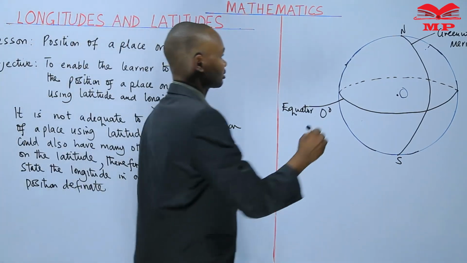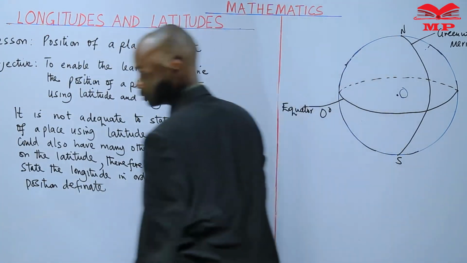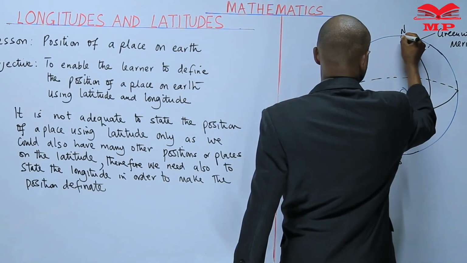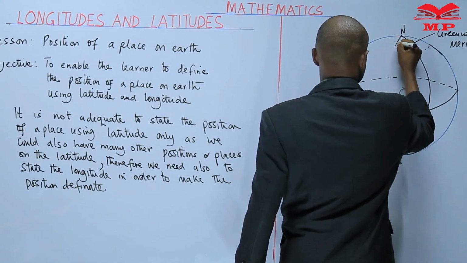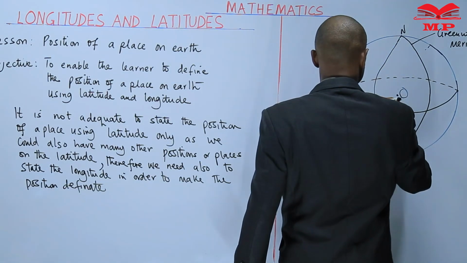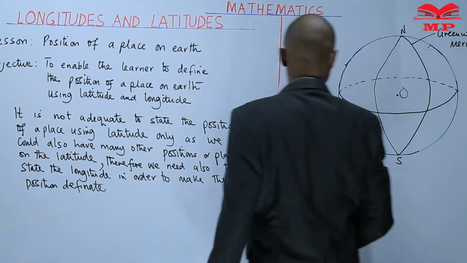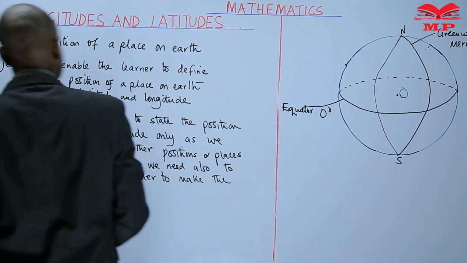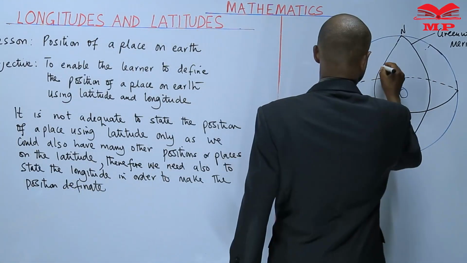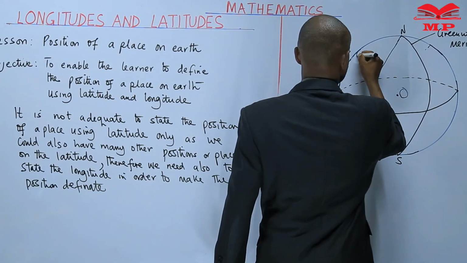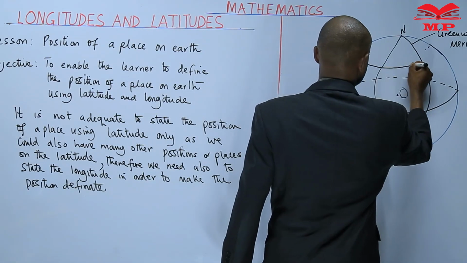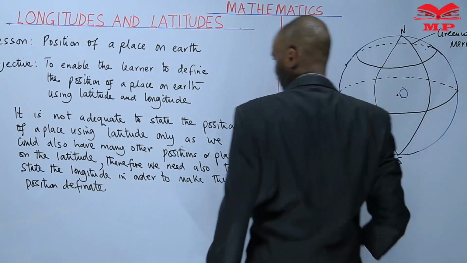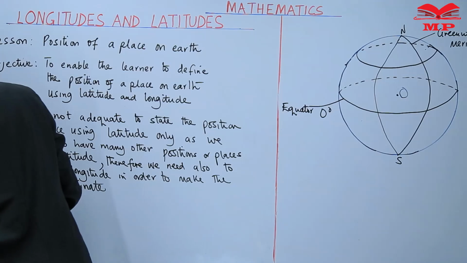So I can have another small circle here. I can have another longitude here, another longitude there, and a latitude here. So I'll have 4 positions or places.